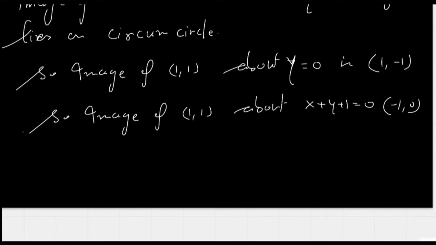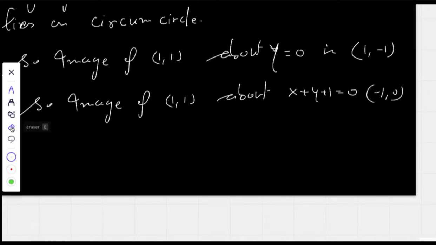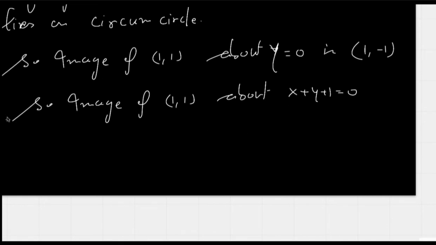So the image of 1 comma 1 about the line x plus y plus 1 equal to 0 is minus 2 comma minus 2. You can find it over here.